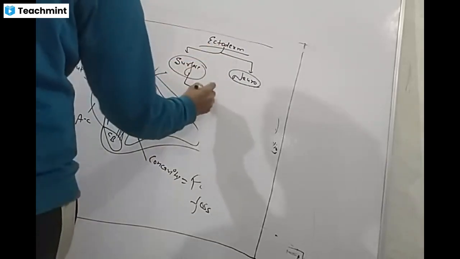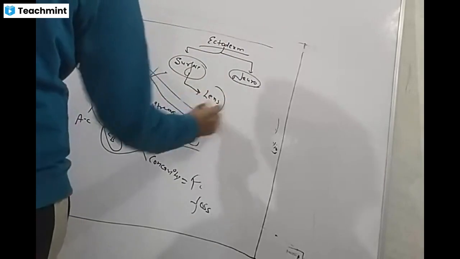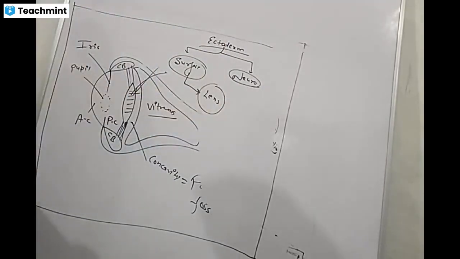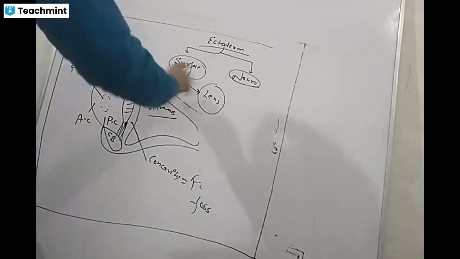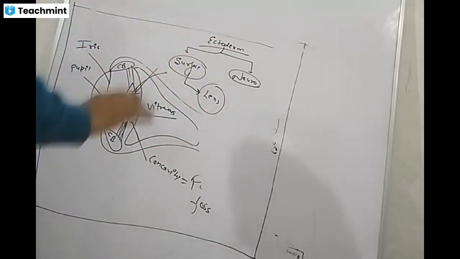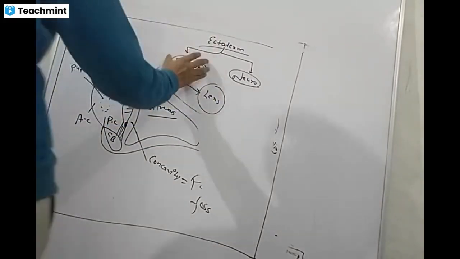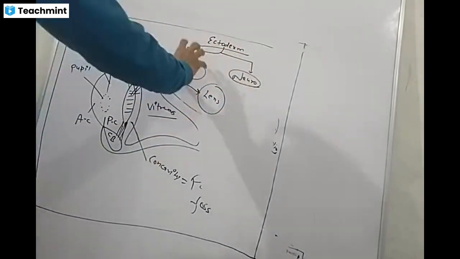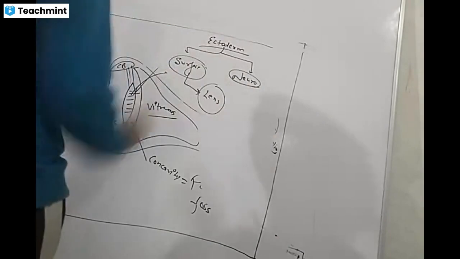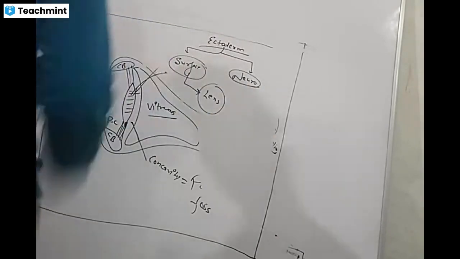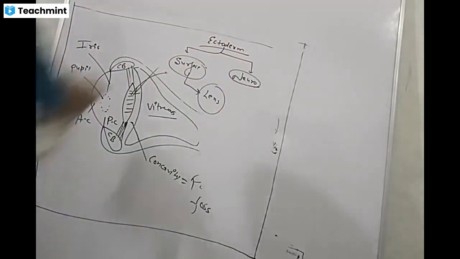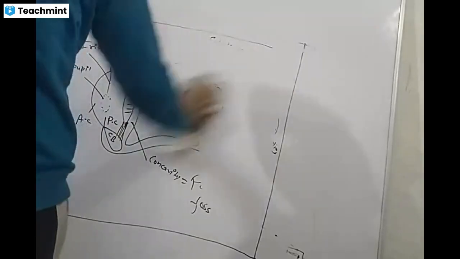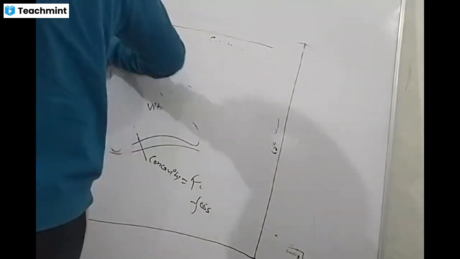So surface ectoderm will lead to formation of your lens. So both options were there. The lens is derived embryologically from the surface ectoderm or from neuroectoderm. Answer will be surface ectoderm. That is the origin of your lens. So up to this, we saw the structure of our lens.